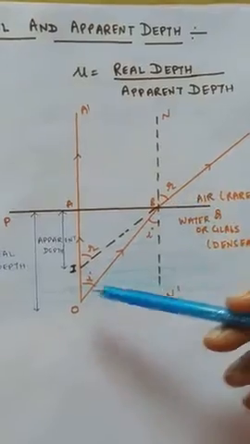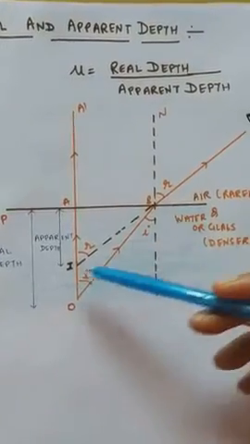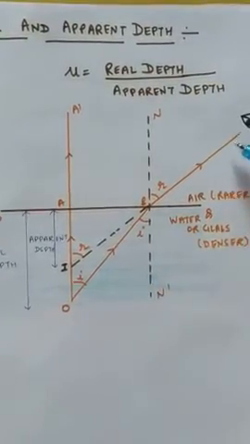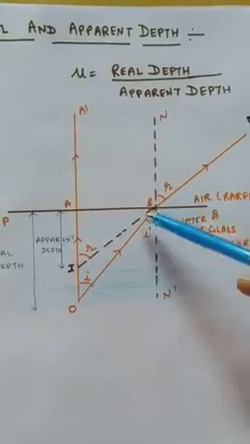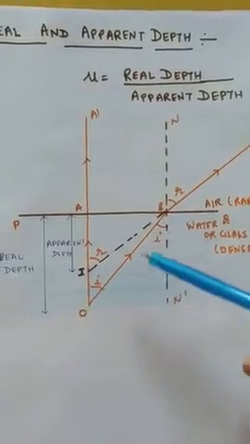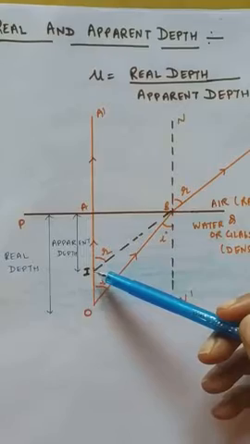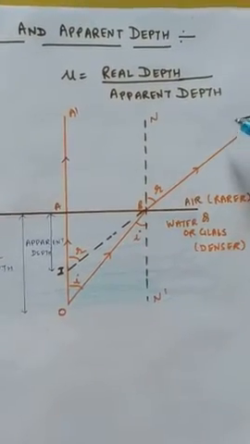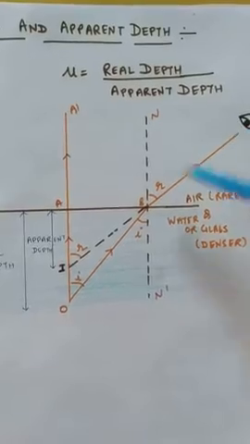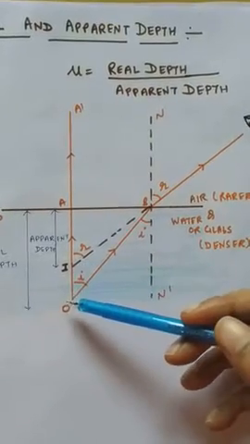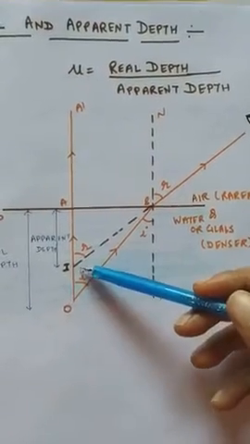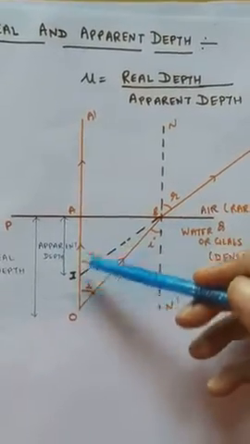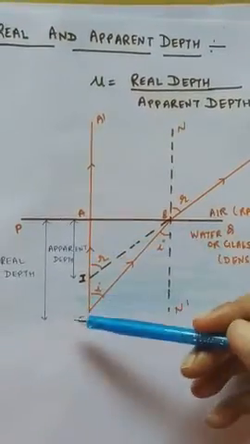Now the image of this object will be formed when we extend this ray in the backward direction. When we extend this ray backward, it will meet at this point I. That means when we view this object in the rarer medium, the image will be seen here, not here. This depth from this surface is known as apparent depth, and this is the real depth.